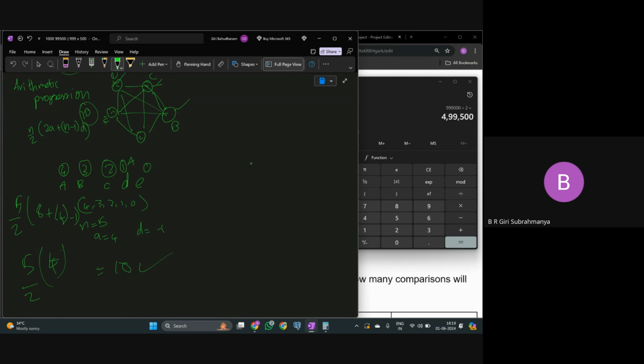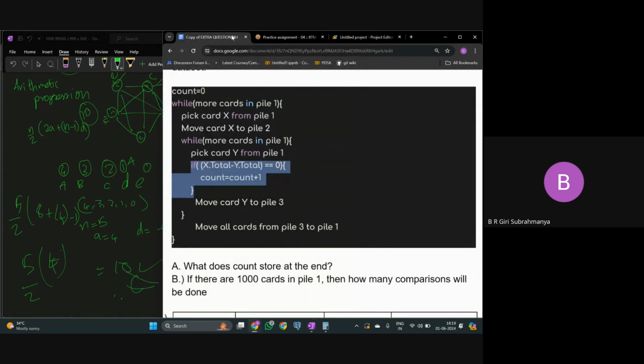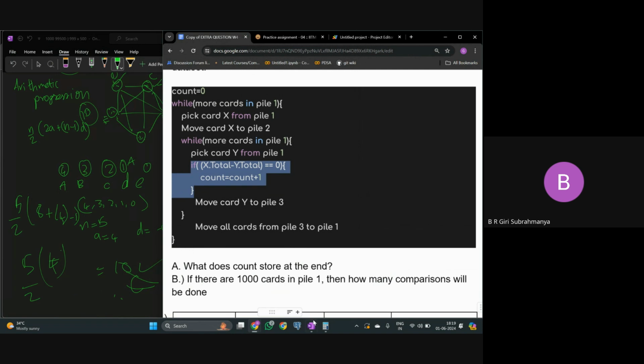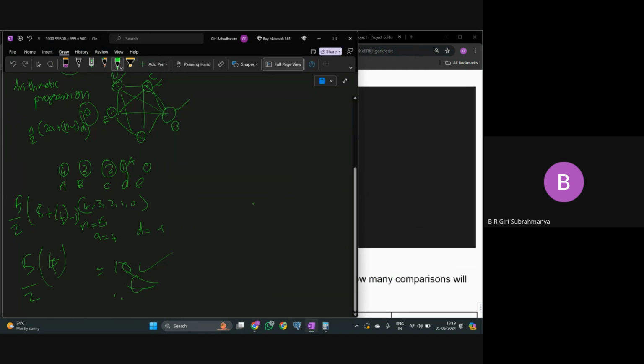Now similarly for 1000. First of all, is this one clear? Is this clear? Hello? Yes, sir. Now similarly for 1000, for the first card, you have to connect it to 999 more cards, right?